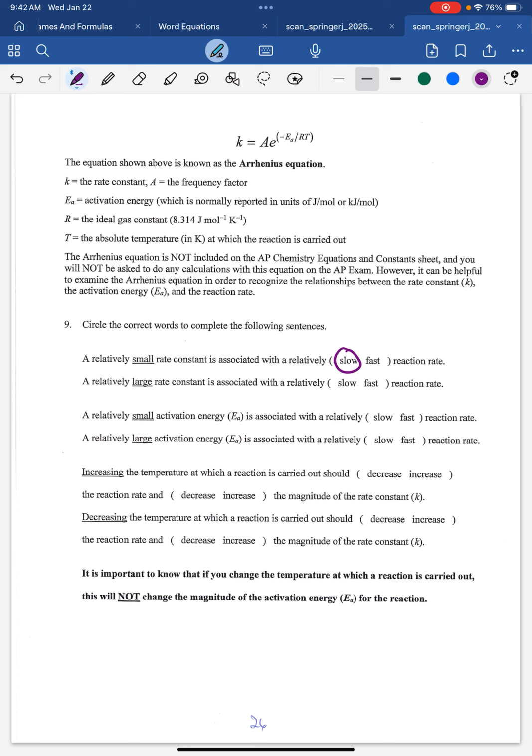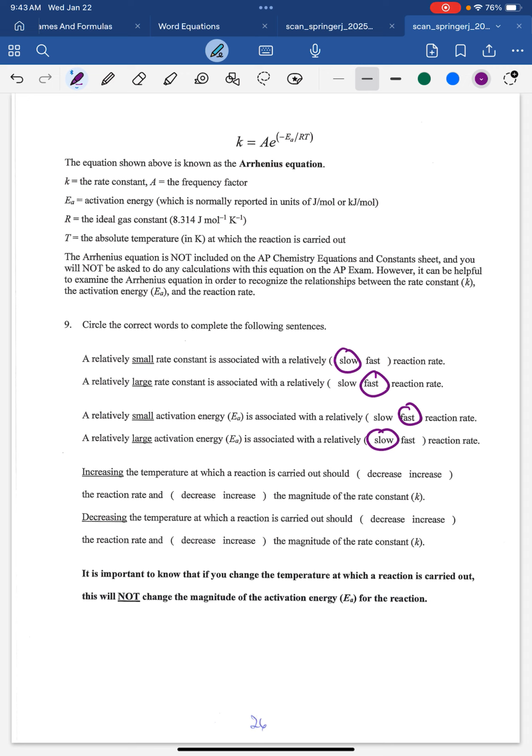A relatively large rate constant is associated with a relatively fast reaction rate. A relatively small activation energy is associated with a relatively fast reaction rate, since it's going to get over the hill quicker. A relatively large activation energy is associated with a relatively slow reaction rate.